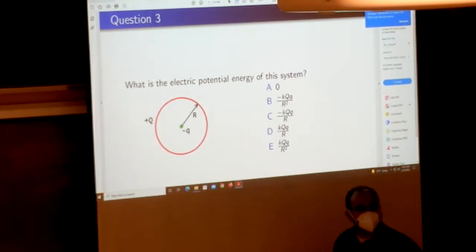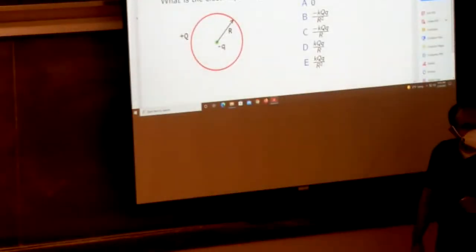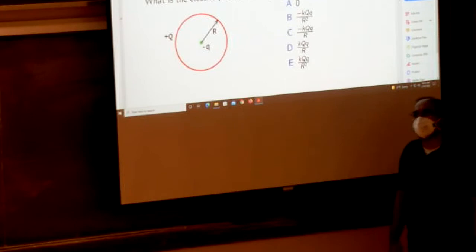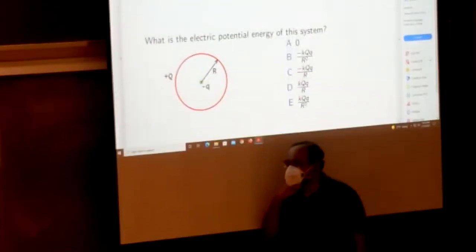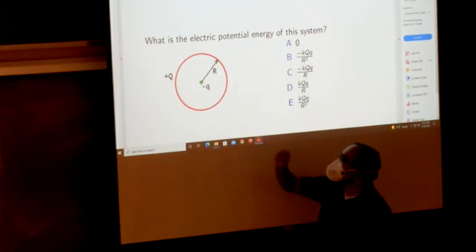Was there another question? Oh, okay. When you break up the ring into point charges, do they not have potential energy with each other? Oh, yes, this is true. This is a fair point, actually. I'm asking, I guess, for the energy stored.